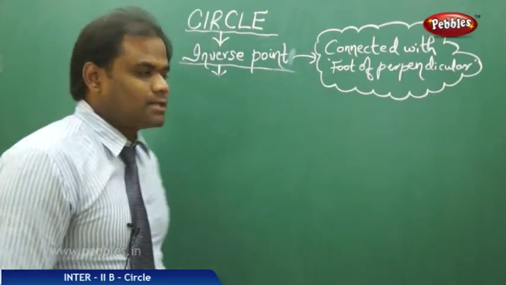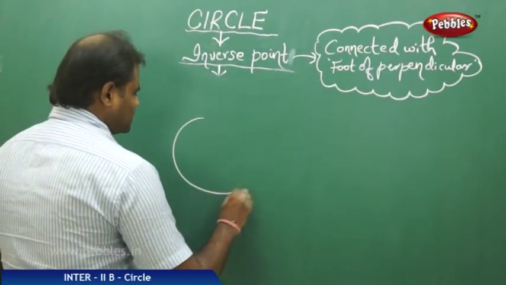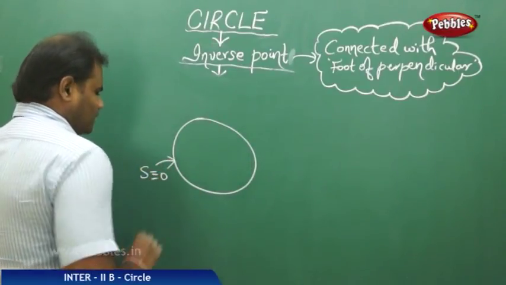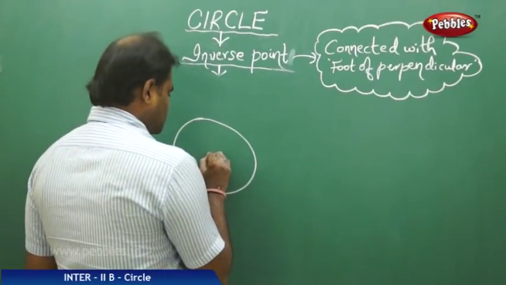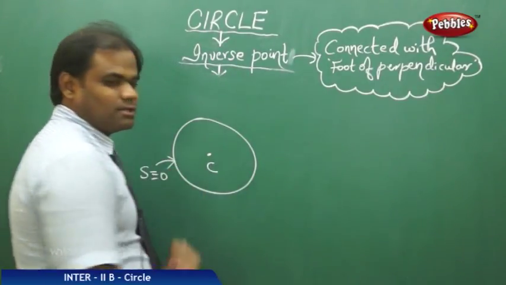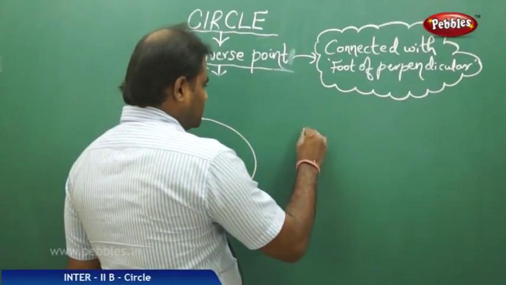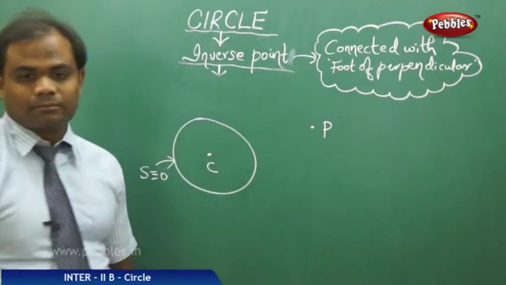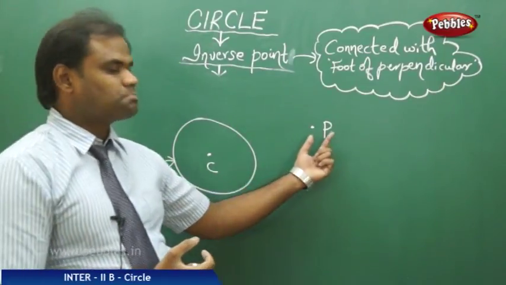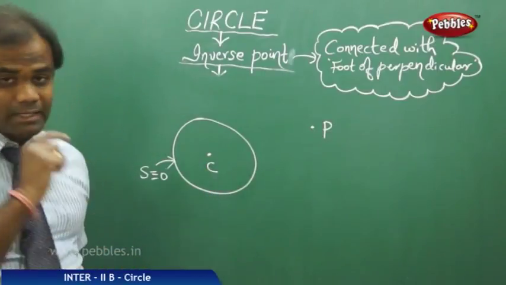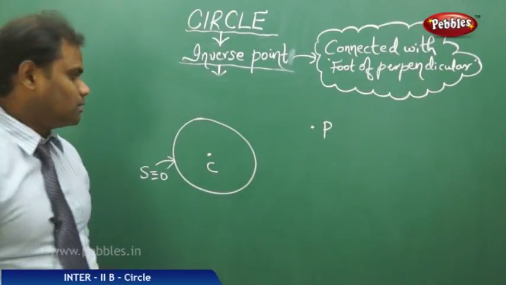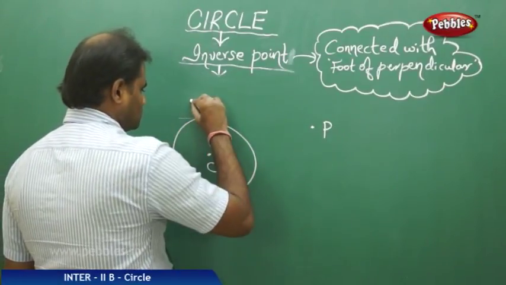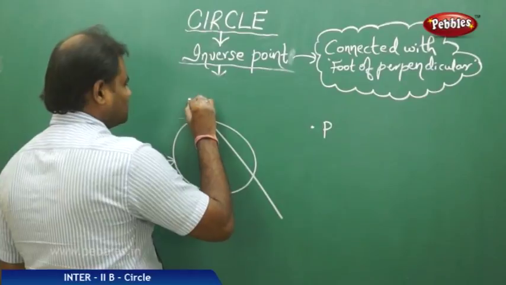Now say, for example, I have a circle S equal to 0 in its general form. Let me take the center of the circle to be C. Now I have a point P out here whose inverse point I would like to find. So what would be the inverse point of P with respect to the circle S equal to 0? Here let me draw the polar of P somewhere passing through here.